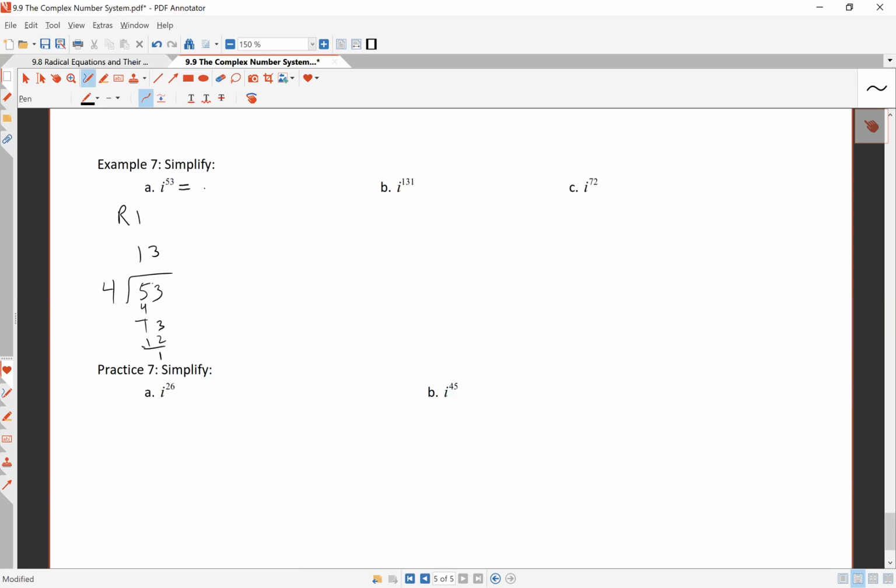That's because we can say that this is i to the fourth raised to the 13th power. That's 52 of them, and there's one i left over. And the answers are either going to be i squared, which is -1, i cubed, which is -i, or 1. Remainder 1, remainder 2, remainder 3, remainder 0. So we just get i.